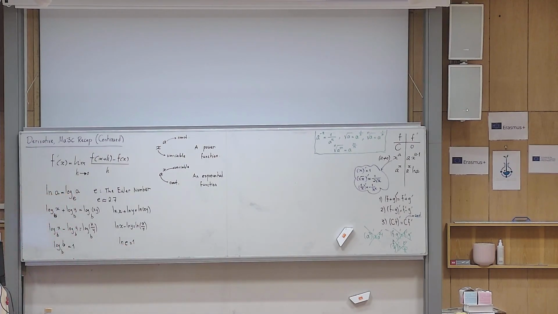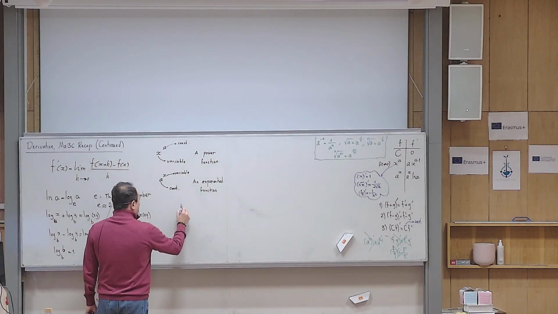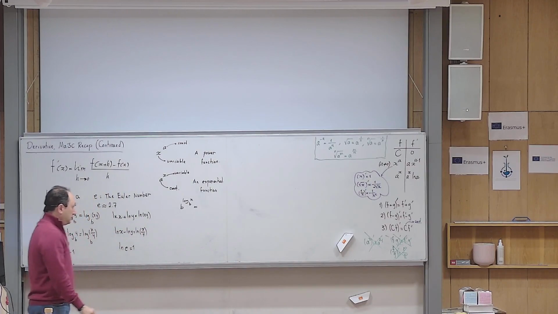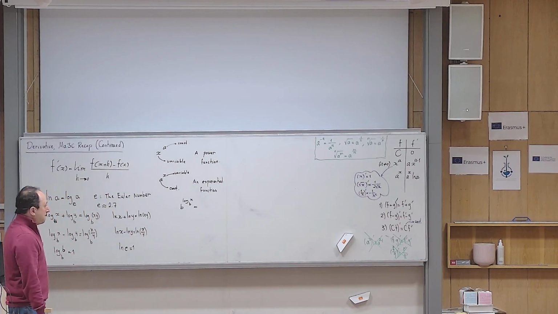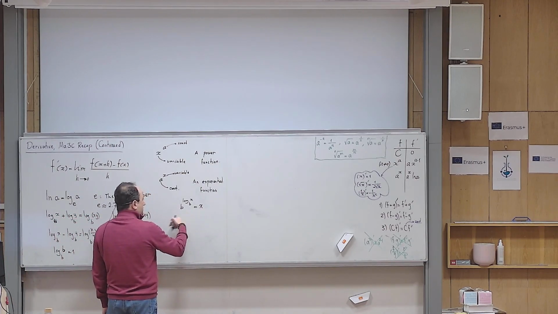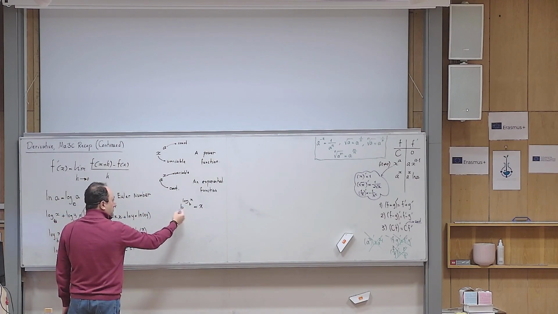Another very important formula of log is this formula. If I have b to the power of logarithm of x to the base b, what is the answer? This is very important. Is it b? No, it is x itself. If I want to translate this into the language of natural log, instead of b, I put e.